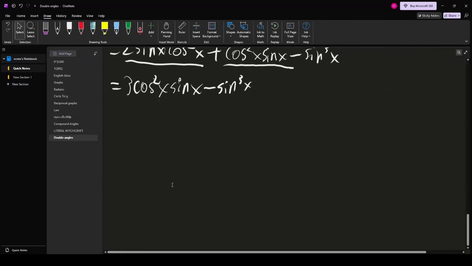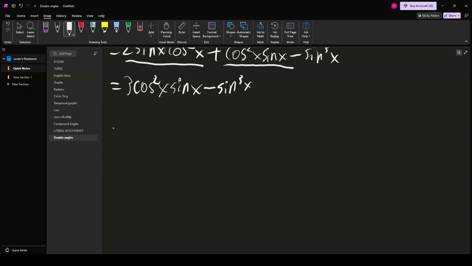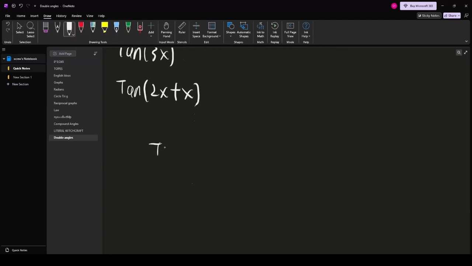How about we try another one? So express tan 3x in terms of tan x. Again, we could split this up into tan of 2x plus x, and then apply the compound angle formula.